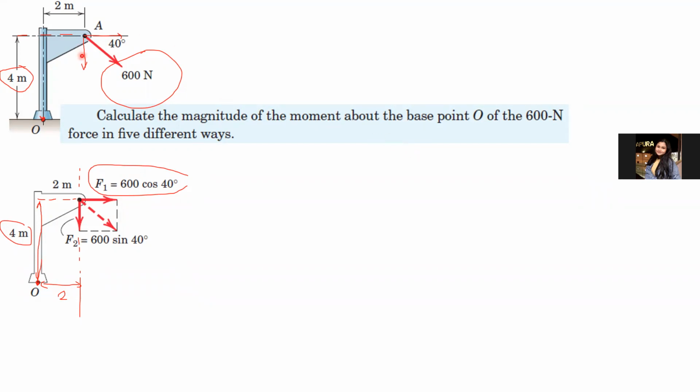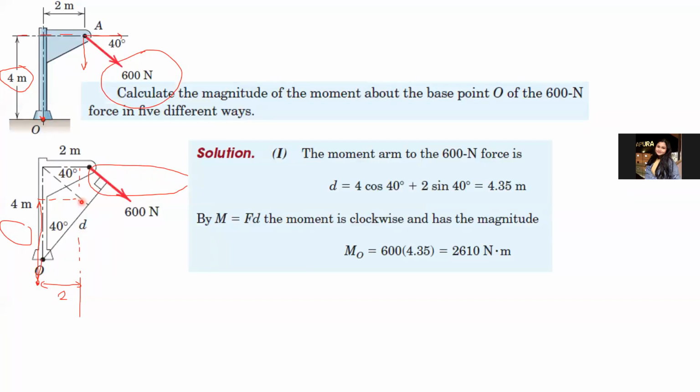For example, finding the perpendicular distance of the 600 Newton force is way harder than finding the perpendicular distance of F1 and F2. As we discussed here, finding the perpendicular distance of the 600 Newton force takes quite a lot of geometric calculation.